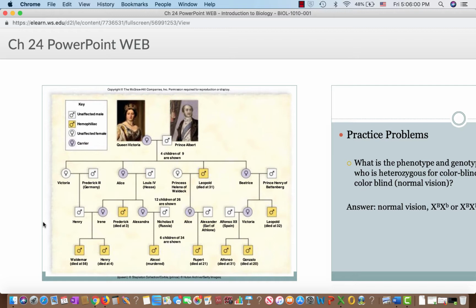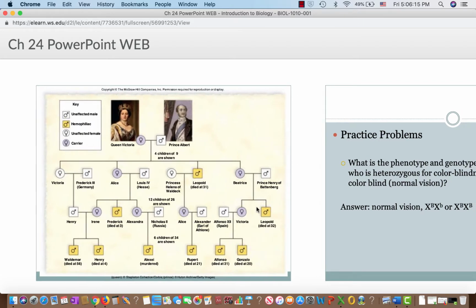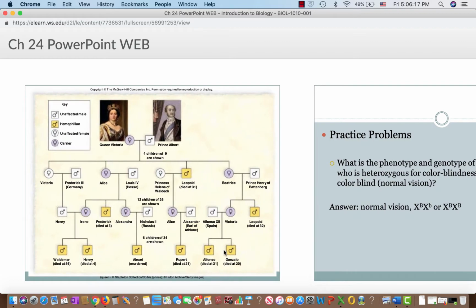And eventually what happened is they were all basically inbred to one degree or another. And a consequence of that is you tend to see a very high prevalence of these recessive traits within populations that have a limited gene pool. So hemophilia, at one time, was known as the royal disease, because that's really about the only population it seemed to affect.